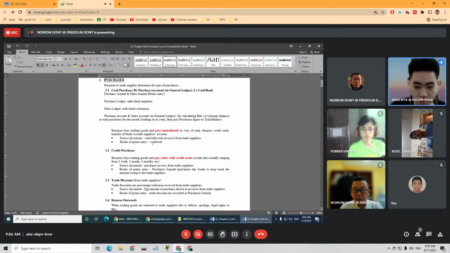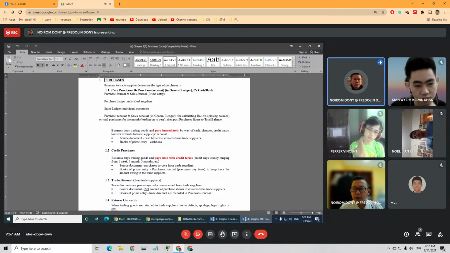Is it one person who manages the books of prime entry, or multiple persons? Whether it is a sole trader, a partnership or a company, they use the same recording. Is it only one person doing the recording? Normally they will separate it. Trade payables, a different person. Trade receivables, another person.